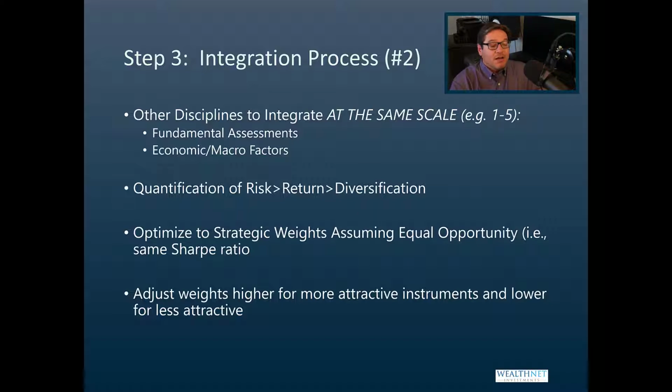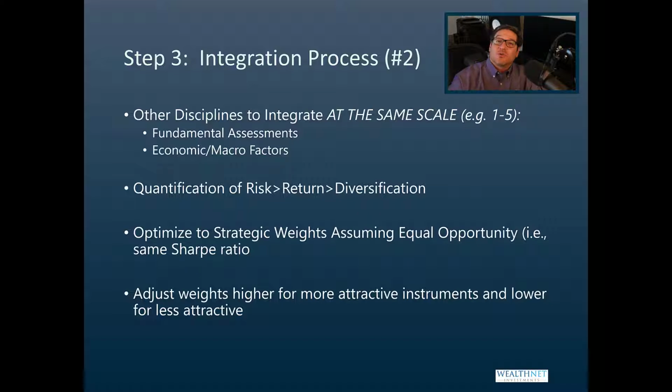So we want to basically integrate by optimizing, and I'm going to get a little bit now into the nuts and bolts of this. We want to optimize strategic weights so that we're assuming equal opportunity, or if you will, from an academic perspective, equal Sharpe ratios, return over risk, as a strategic weight. So meaning that if we start off with a neutral zone, let's just assume that everything has an equal opportunity, then what does a portfolio look like given certain volatilities and correlations?